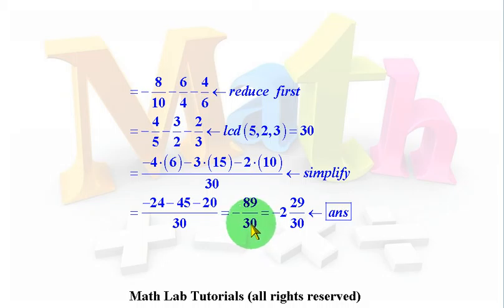So the final answer could be either left as an improper fraction as minus 89 over 30, which is what I prefer, or you can leave it as a mixed fraction, minus 2 and 29 over 30, which I don't like because it's hard to deal with if you were to perform subsequent operations with that mixed fraction.